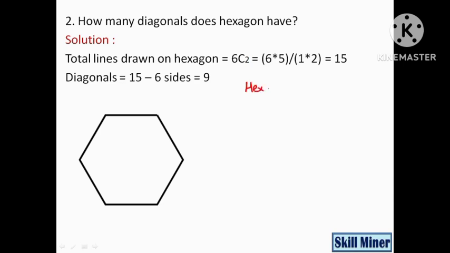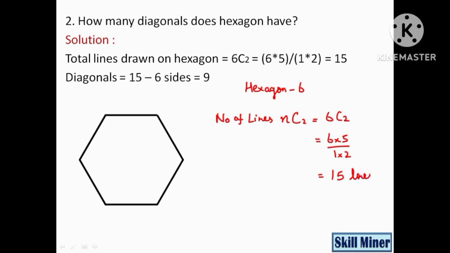We know that a hexagon has 6 sides. So the number of lines is given by nC2. Here 6C2, which is equal to 6 into 5 divided by 1 into 2, which is equal to 15. 15 lines will be in a hexagon.